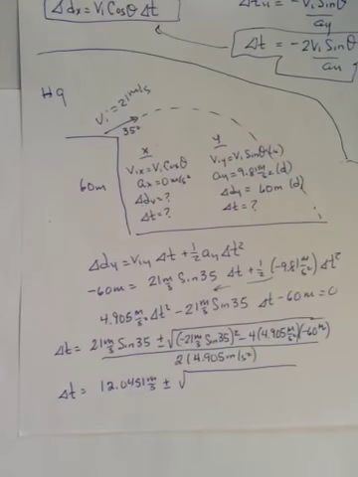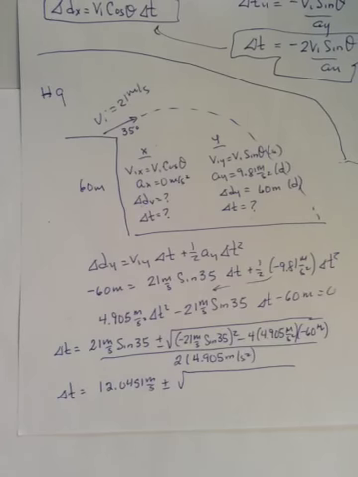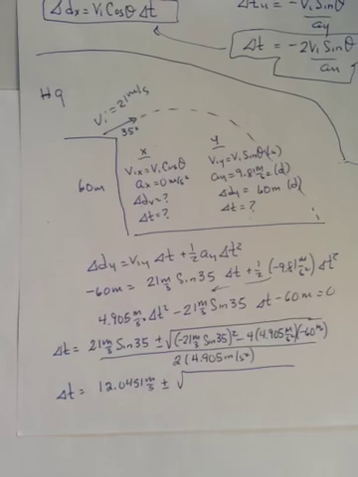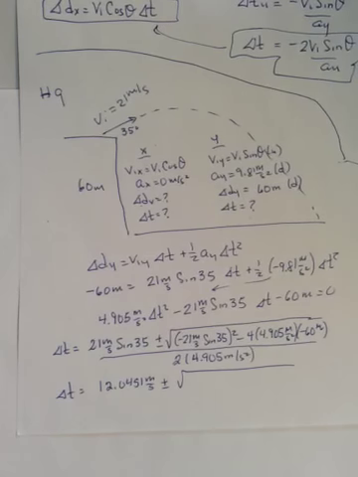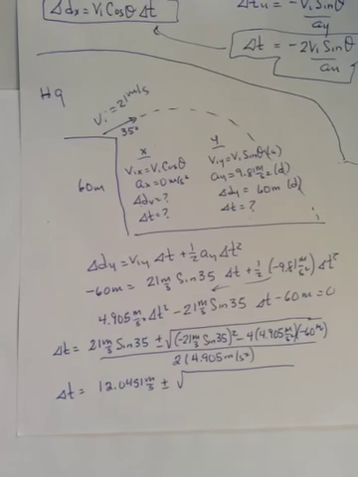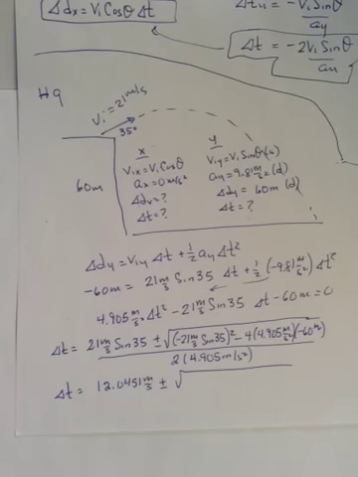I'm going to cheat here. 21 times sine of 35 squared. So I'm going to do all the under root at the same time. So plus 120 times 4.905.